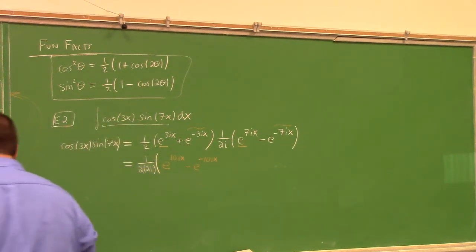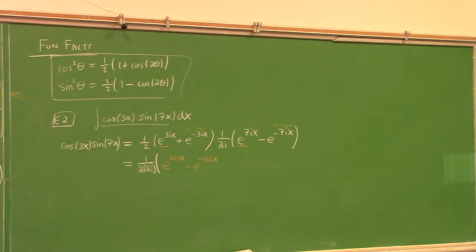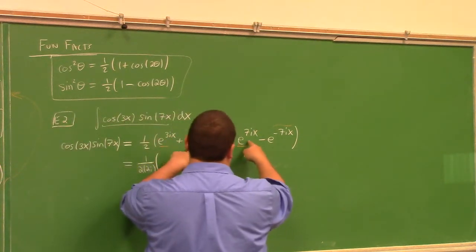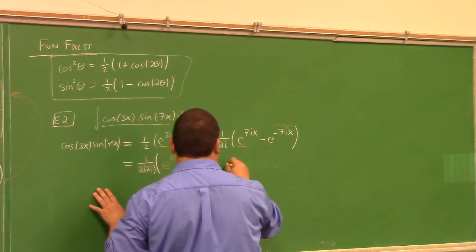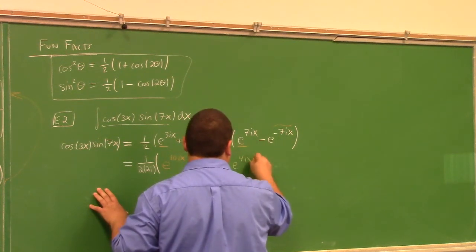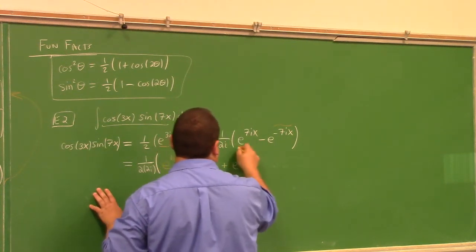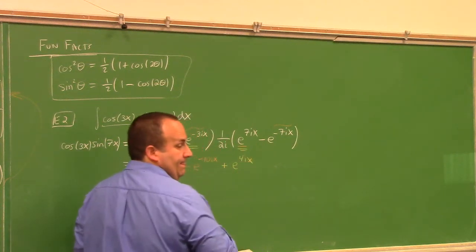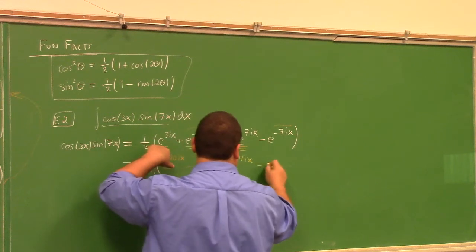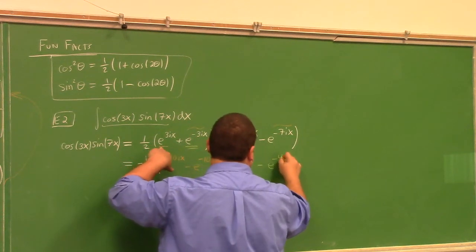And then, how about the other ones? This gives me 7 minus 3 is 4, right? So plus e to the 4ix. And then how about these two? Minus e to the minus 4ix.